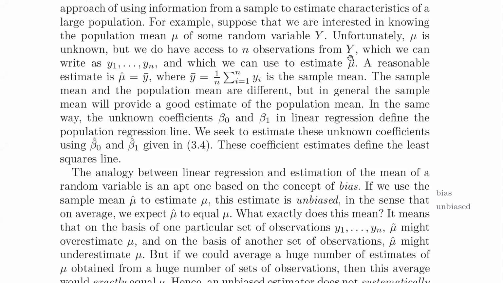The true population mean is mu. I can estimate it. So since we're speaking of an estimate, mu hat, I can say that I can estimate the population mean using y bar.